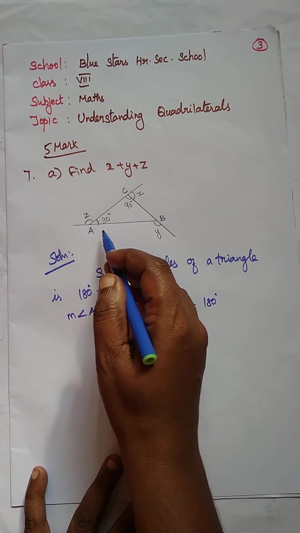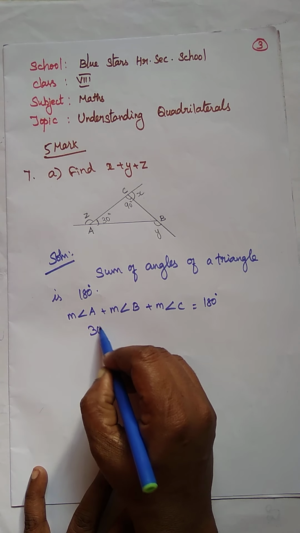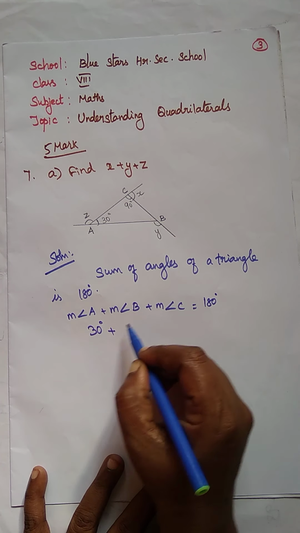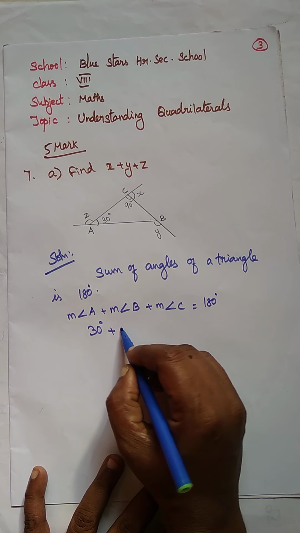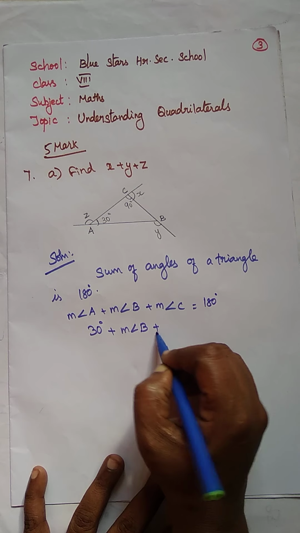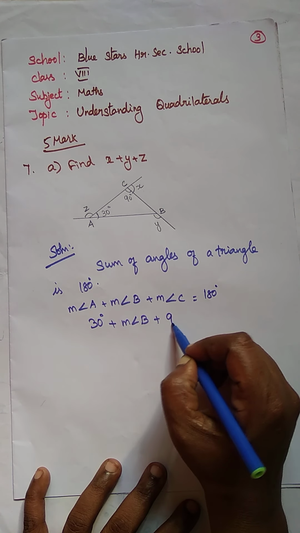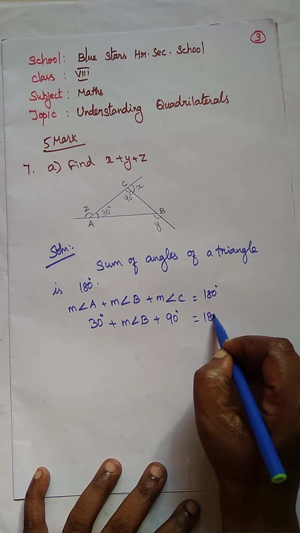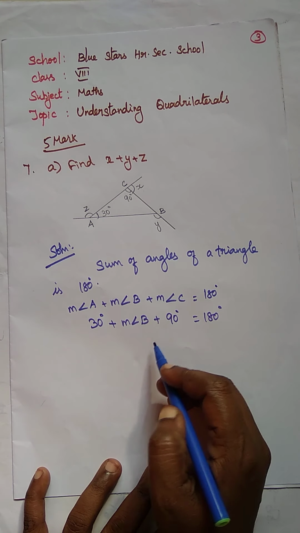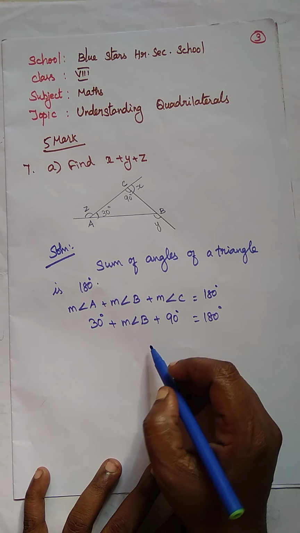Here angle A is 30 degrees, plus angle B which we don't know, plus angle C, which is 90 degrees, is equal to 180 degrees. So 30 plus 90 is 120.